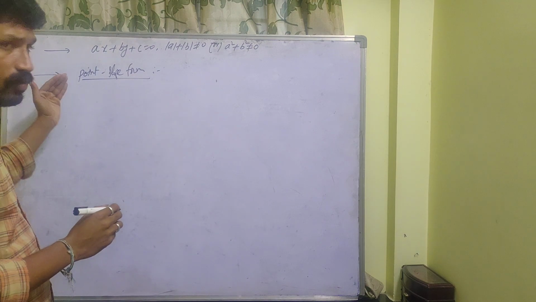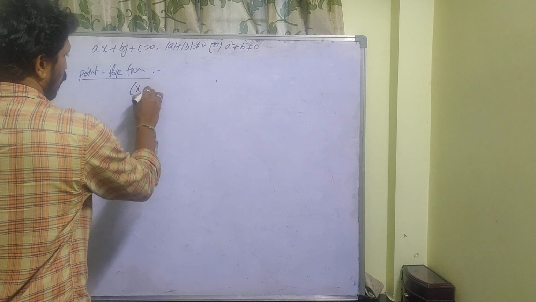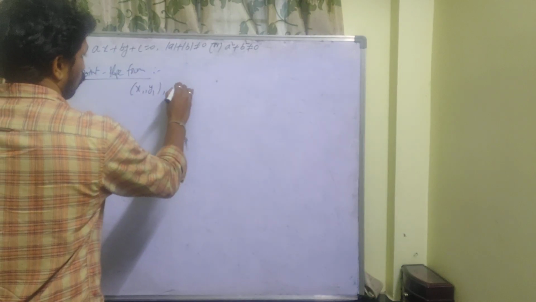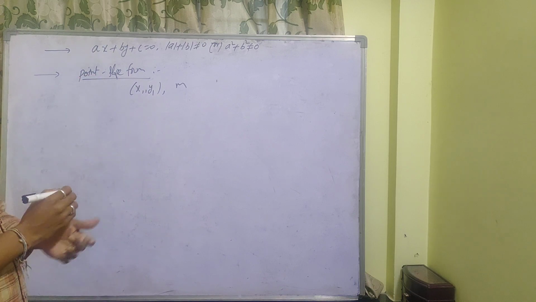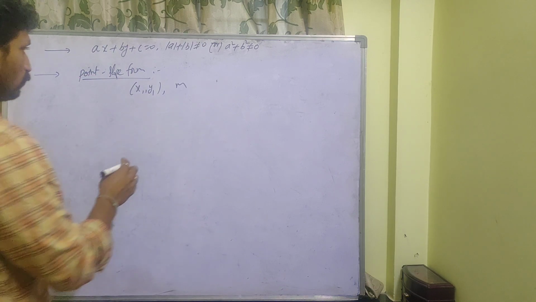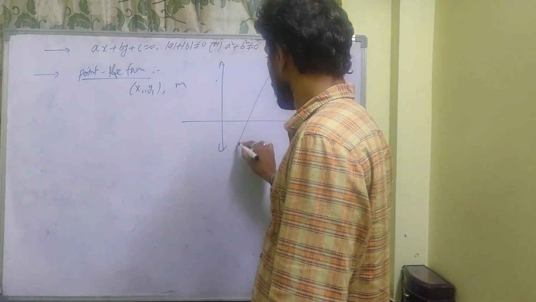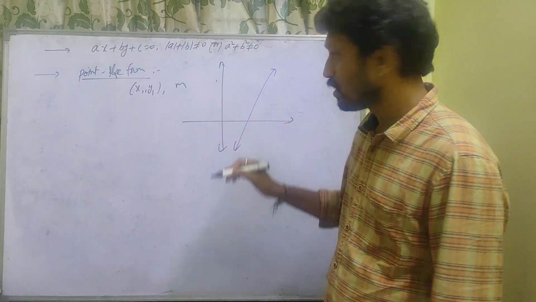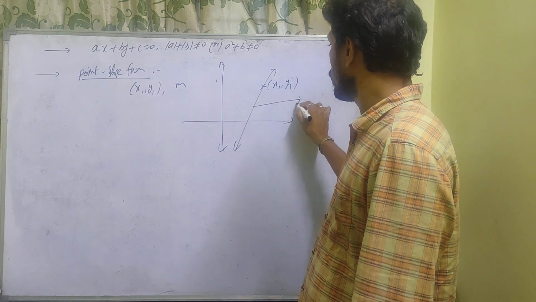Whenever you know one point and a slope, so that the point is some x1 comma y1 and the slope is some m, then how will the equation be? This is the straight line to find out. It is passing through some x1 comma y1 and having slope m.